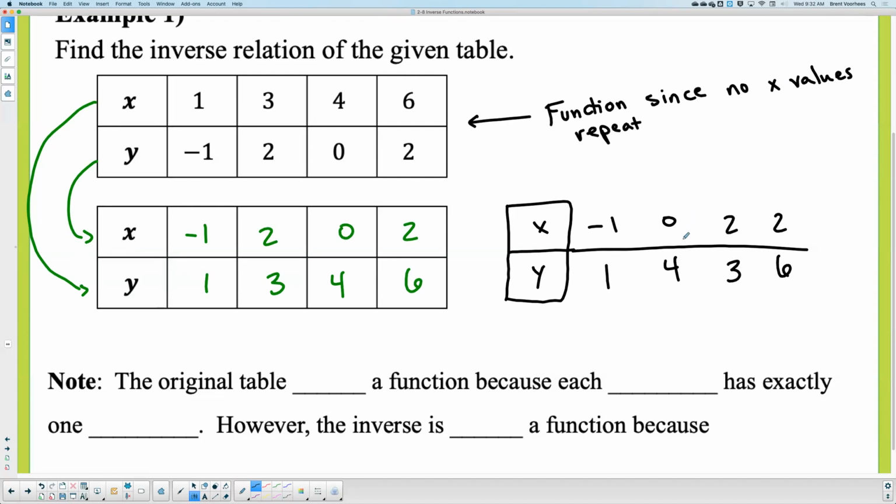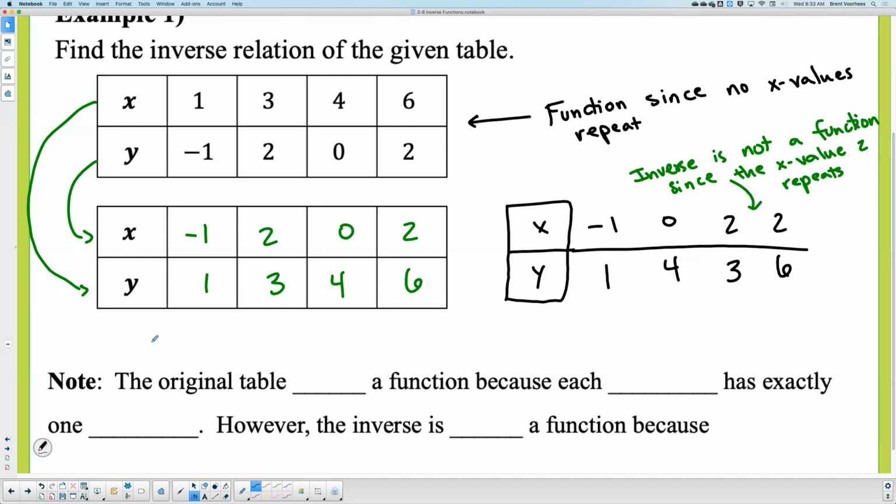What about our inverse? No, it isn't. Why is it not a function? Because the x value 2 repeats. All right, so that's what you're looking for there.